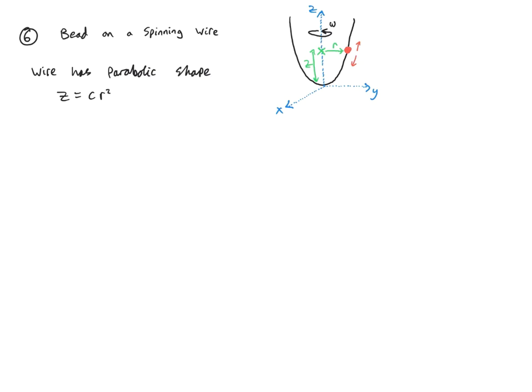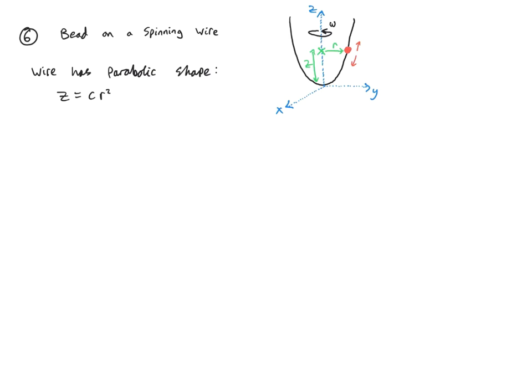I'm calling this distance from the z-axis here r rather than y because, of course, the wire will be rotating and can move out of the yz plane. But the distance from the axis is always a constant r for a given height z. And z and r are connected by this parabola equation here.